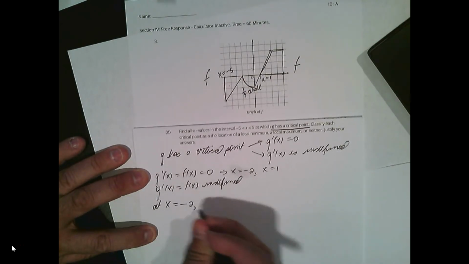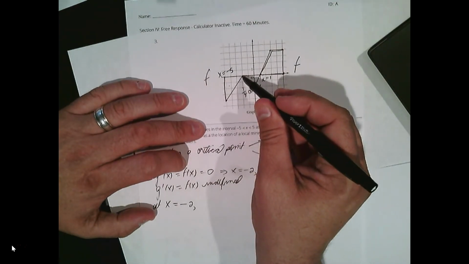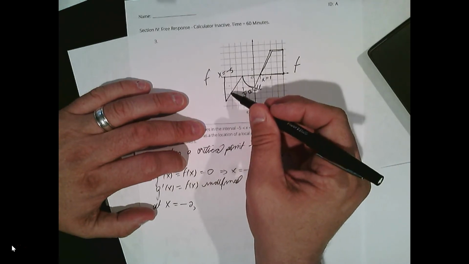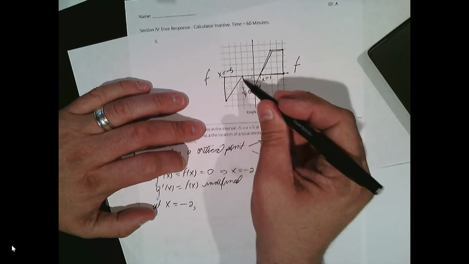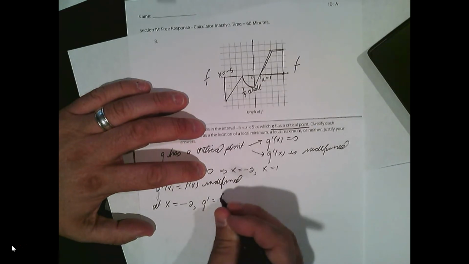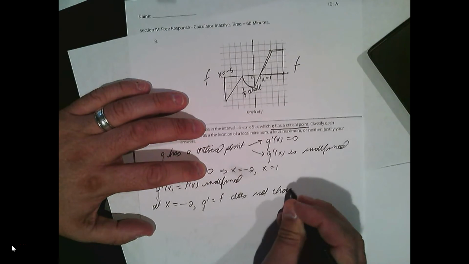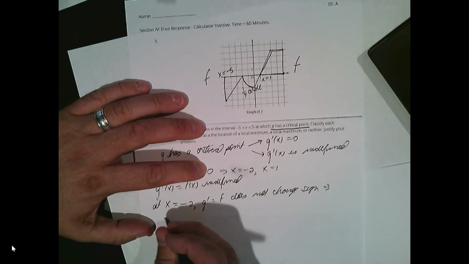Well, what happens at x equals -2? Before x equals -2, I can see that g prime, or f, is below the x-axis, and then continues to be below the x-axis. At x equals -2, g prime does not change sign, which means neither a max nor a min.